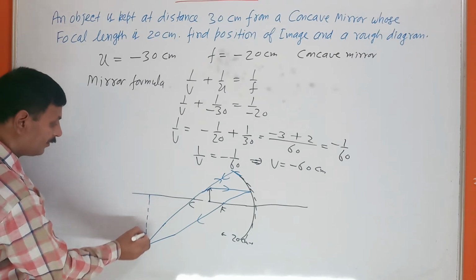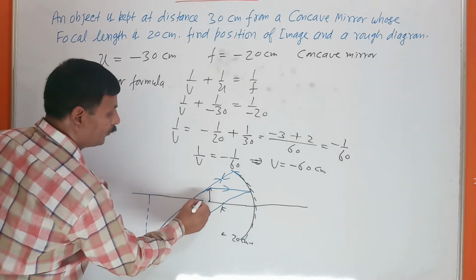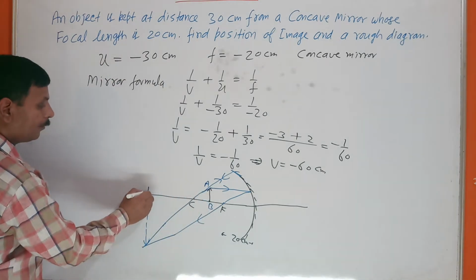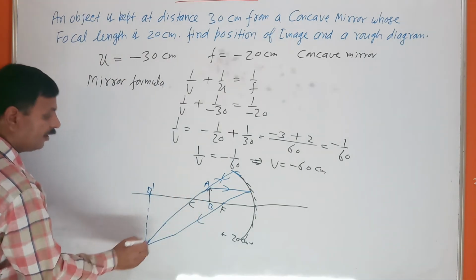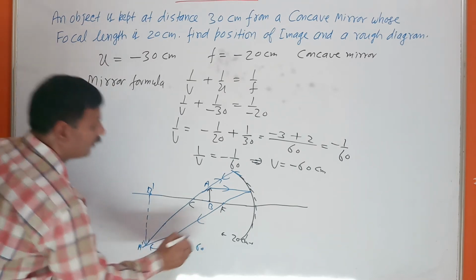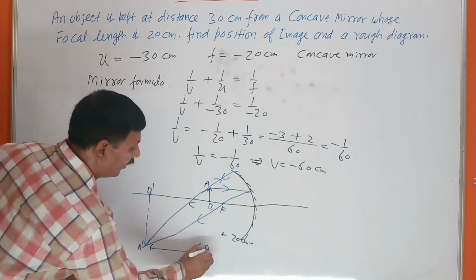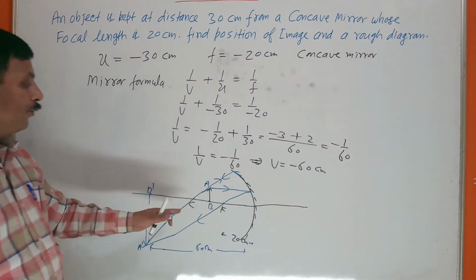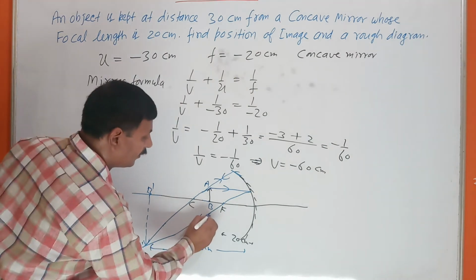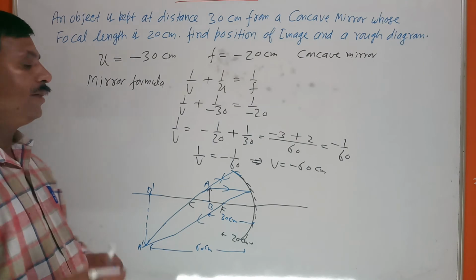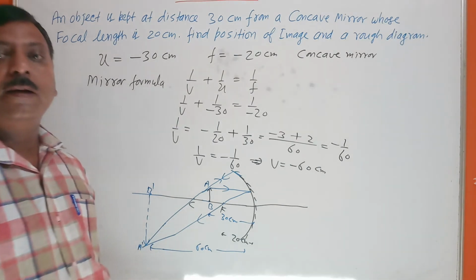If this is AB, the image will form B dash A dash. If you measure this length, this will be about 60 centimeter. So roughly I have shown in the figure, this is 30, u is 30, this is 20, and this is 60 centimeter.